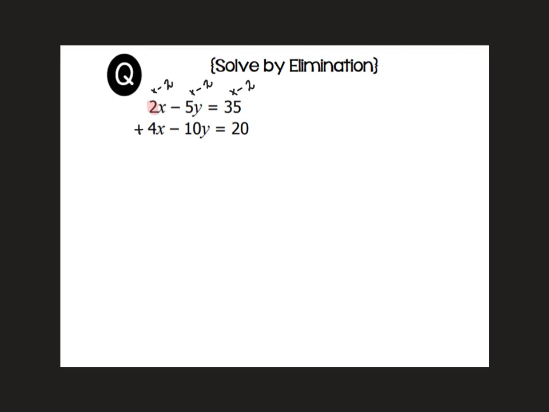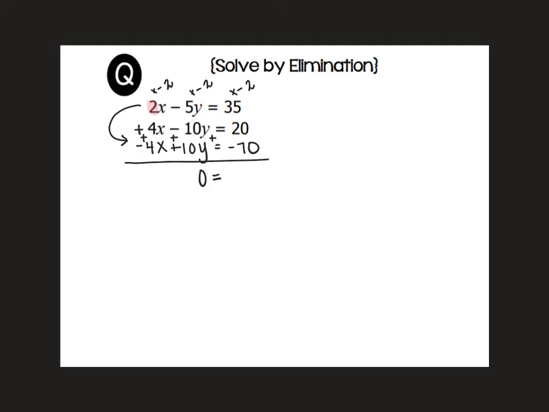When I do that, this equation becomes negative 4x plus 10y equals negative 70. And now if I add here, here, and here, 4 plus negative 4 is going to cancel out. Negative 10 plus positive 10 actually cancels out as well, so I'm left with 0.